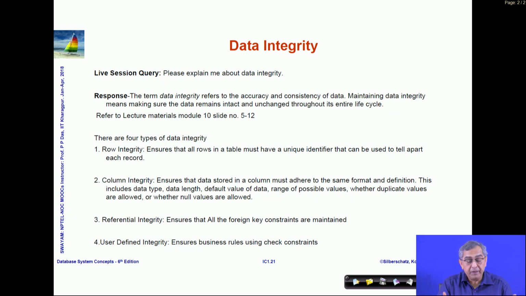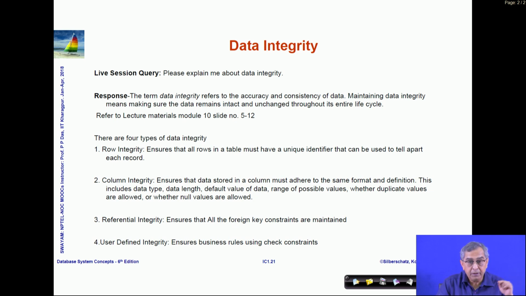Referential integrity primarily talks about the foreign key. If in a table a particular field is a foreign key and it has a certain value, then this foreign key must be a primary key in some other table.